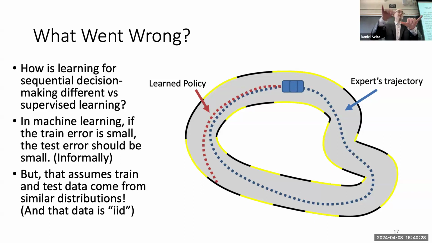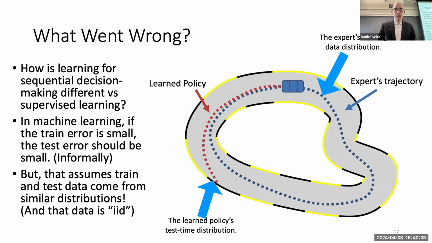You just randomly sample them independently. But it's a little bit different when you have a sequential problem. So again, visually, the expert training data distribution will be here, but the learned policy's test time distribution will be somewhere over there.